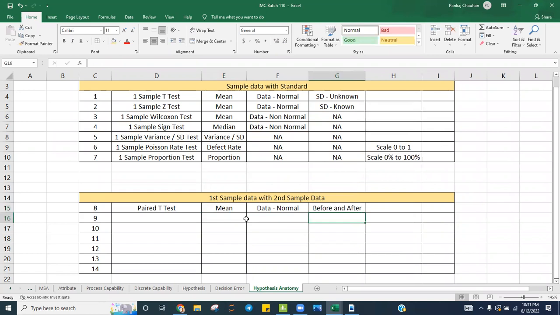So before implementing any solution versus after implementing the solution, you will be doing the paired t-test. So this is the situation where we have applied the improvement actions, and after that we are comparing where we were before and where we are now. Correct? Yes.